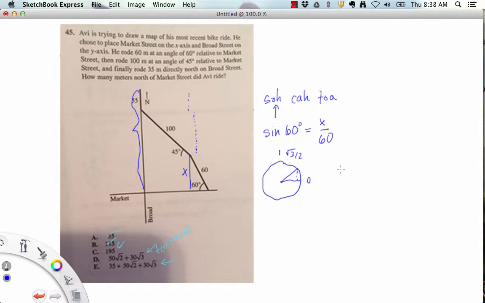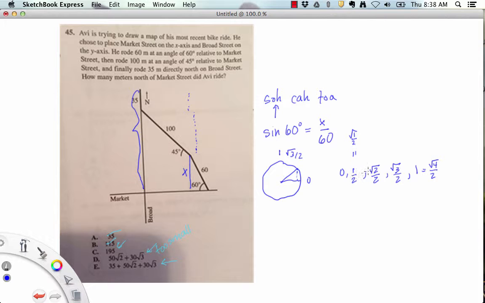I don't know if you've ever noticed this, but sine and cosine go in this pattern. But 1 is square root of 4 over 2, and 1/2 is square root of 1 over 2.